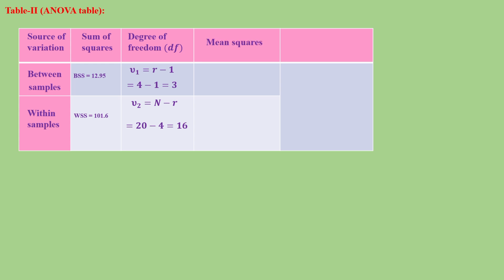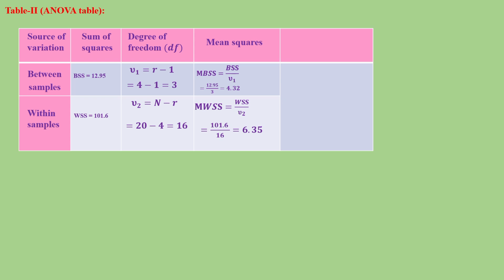Next, mean sum of squares. Mean sum of squares between sample, BSS by V1, 12.95 by 3, equal to 4.32, and mean square within sample, WSS by V2, 101.6 by 16, 6.35.